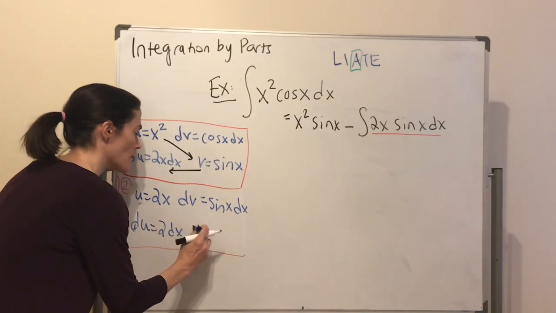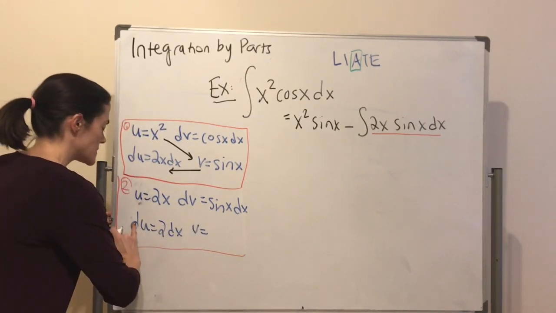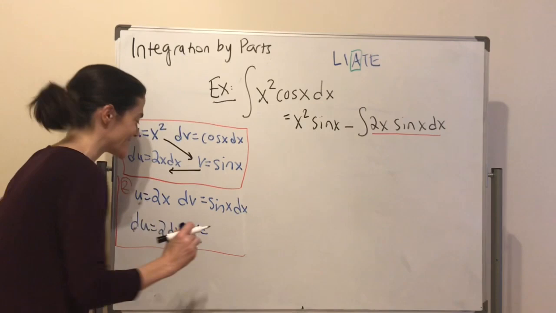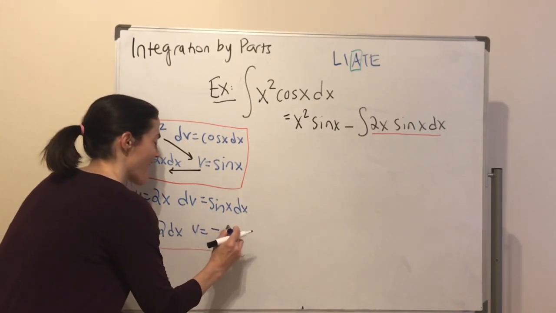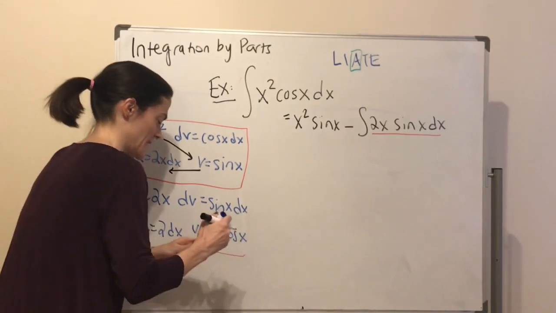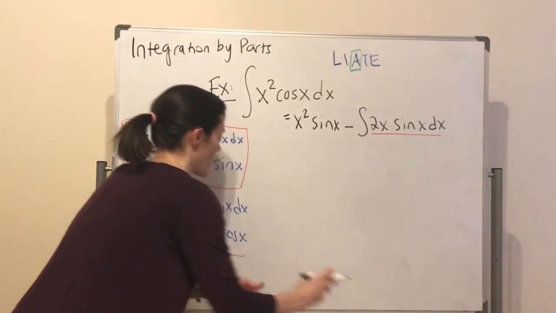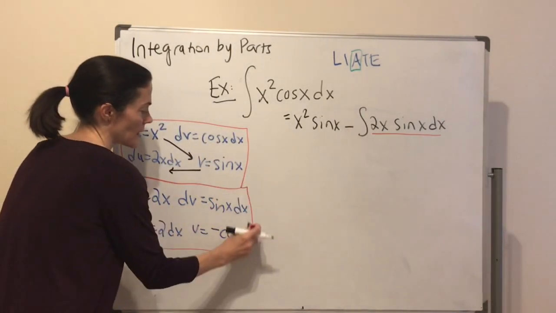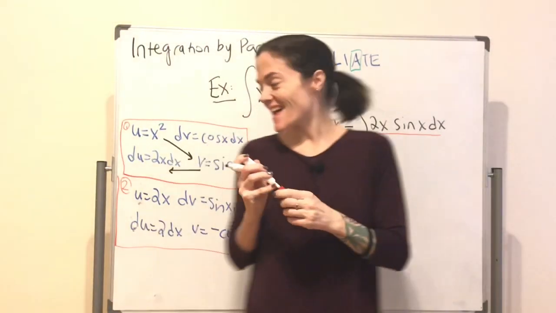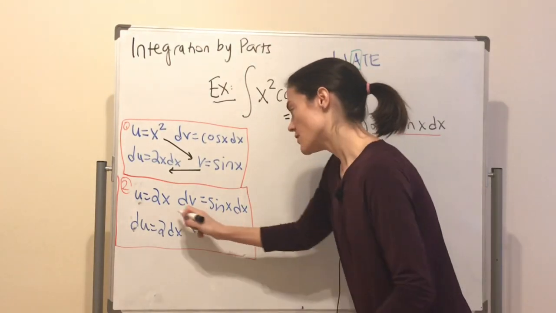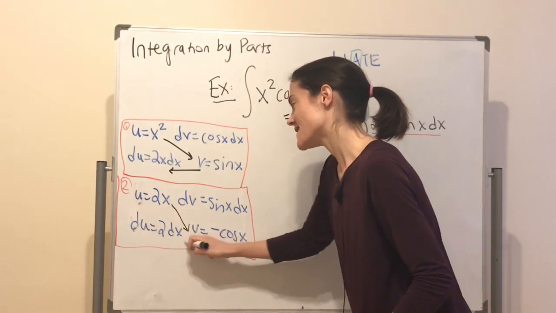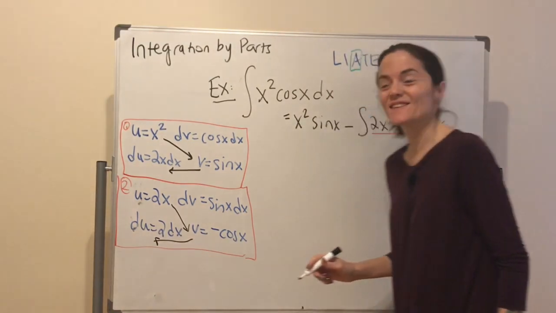And here I integrate. When I integrate sine, negative cosine. Then maybe I will draw back my red line. Okay, and then it is uv minus the integral of v du, like this.